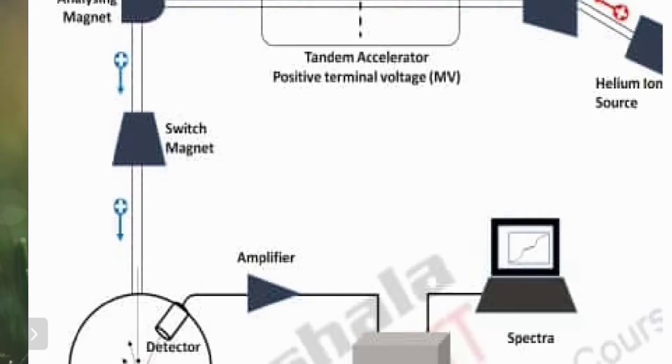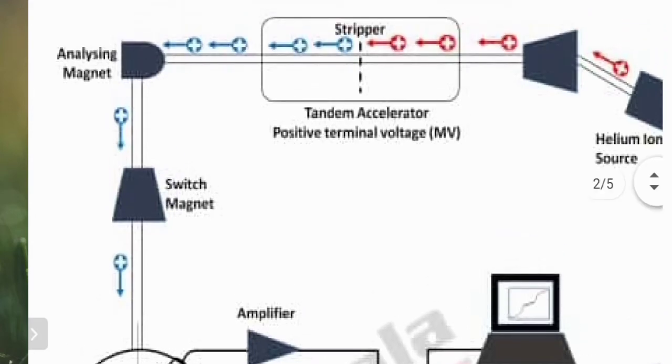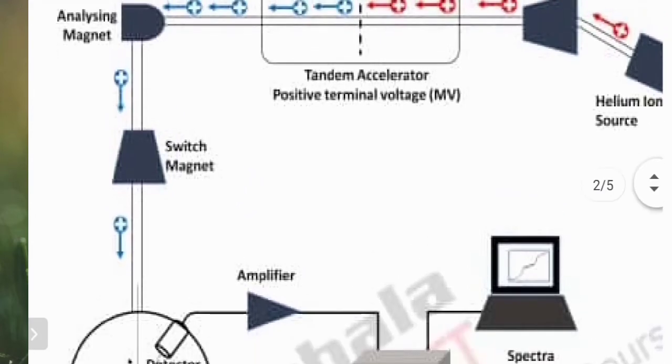The beam coming from the accelerator is analyzed in this magnetic focusing lens. It selects the ions based upon their mass and charge, and the remaining ions get removed from the beam.